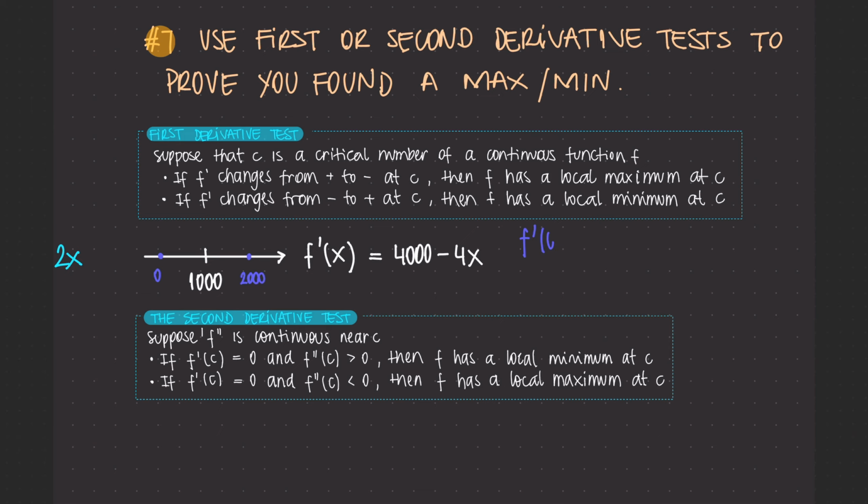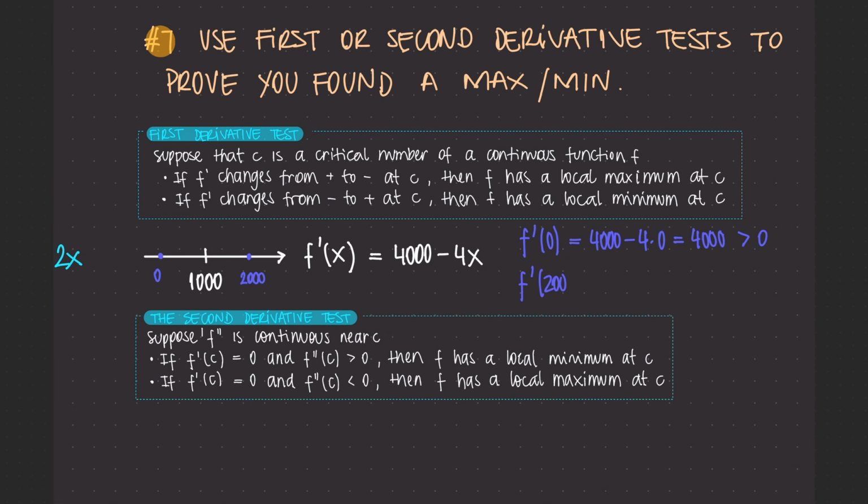And what is f prime of 0? Well, that's just 4000 minus 4 times 0, which is, of course, 4000. What's important here is to know that this is positive. It doesn't really matter if it's 4000 or 12,000. The only thing that matters is the sign, and this is a positive number. And what is f prime of 2000?